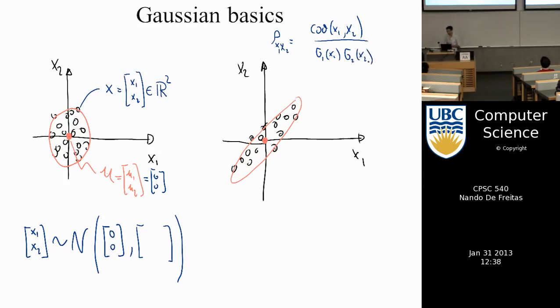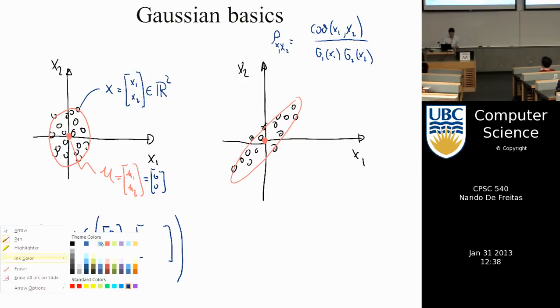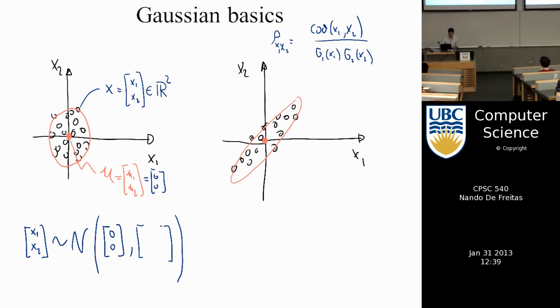Now, what are all these quantities? The covariance is the term that goes inside, the covariances are the terms that go inside this matrix. They are the expectations. In this case, we have a zero mean variable.